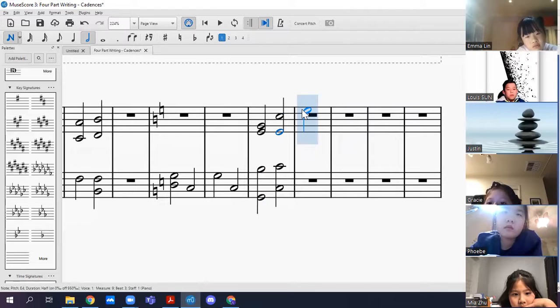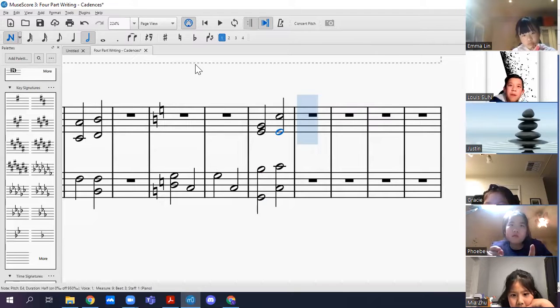The soprano is not in the same voice. Pardon? The soprano is a little bit jumpy. Yep, that's right, which led to, can anyone point out the problem with what happened? Look here. Here's a problem that many of you have been making.